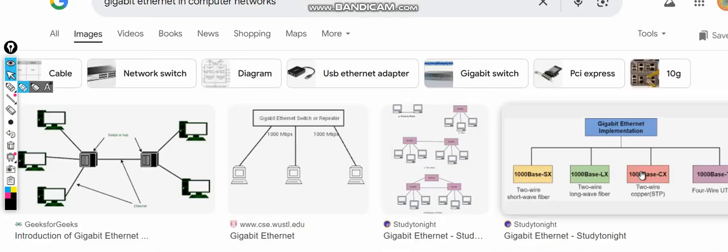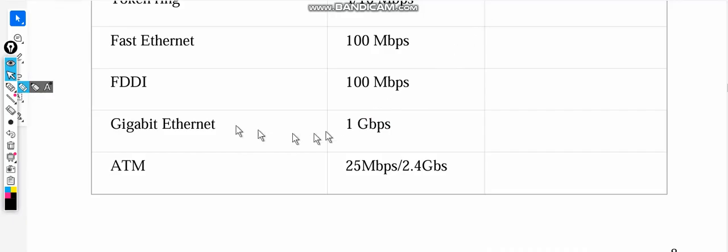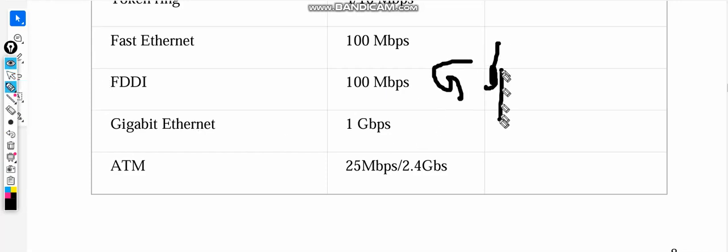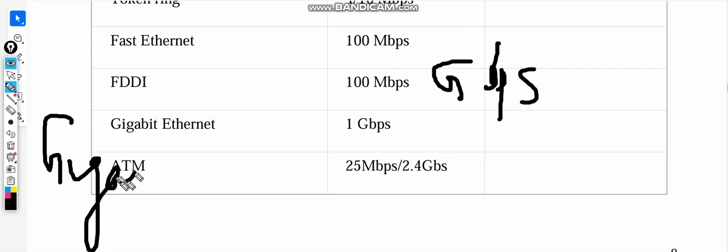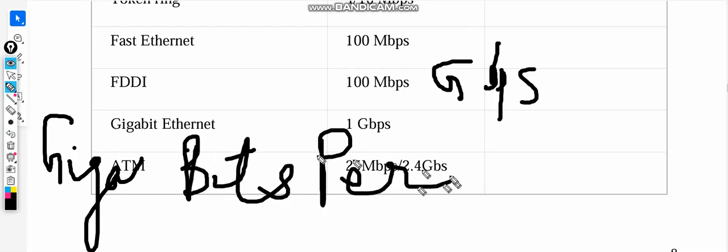In Gigabit Ethernet the speed is 1 Gbps. What is Gbps? Gbps means gigabits per second.